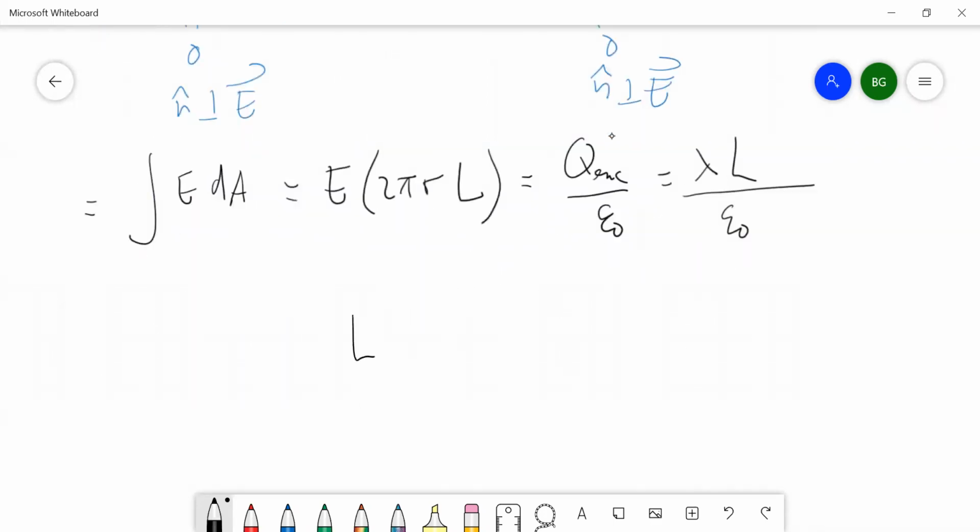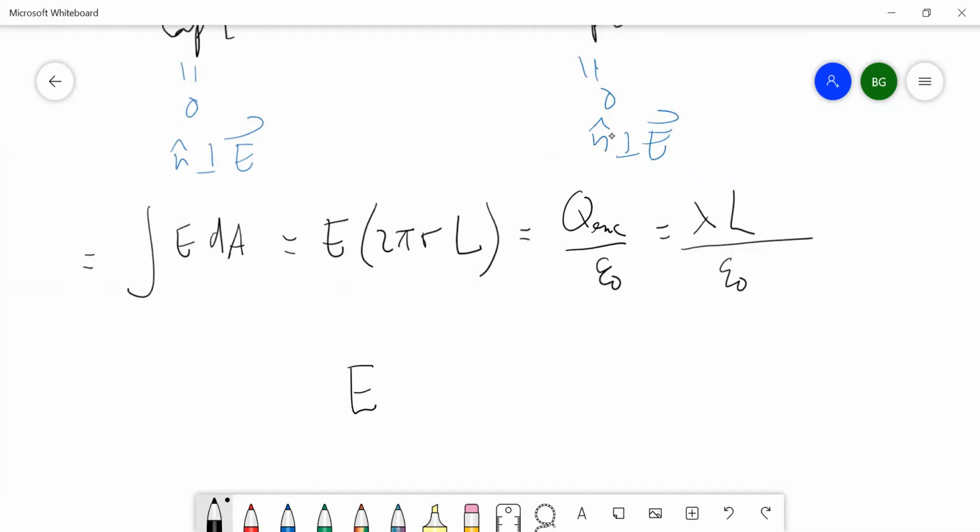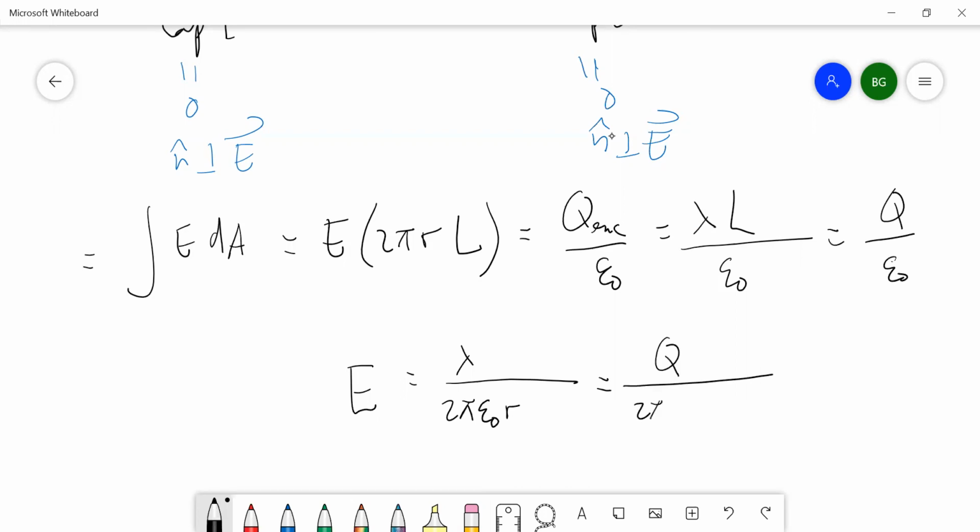So we get that for a very long charged rod, the electric field near the rod is lambda over 2 pi epsilon 0 R. Okay, if we write it in terms of Q, this is Q over 2 pi epsilon 0 L R.